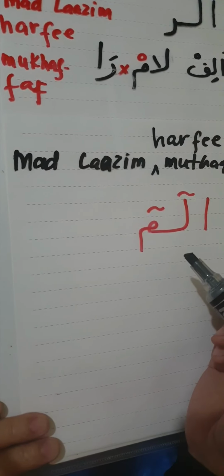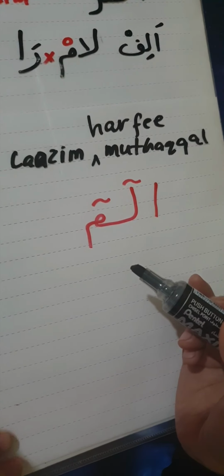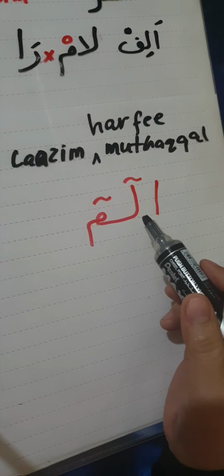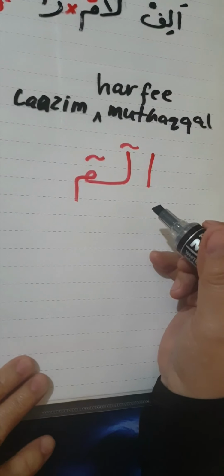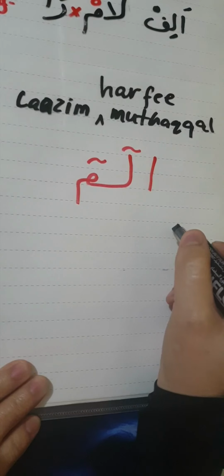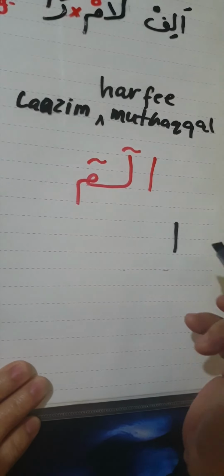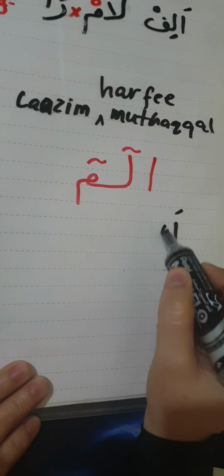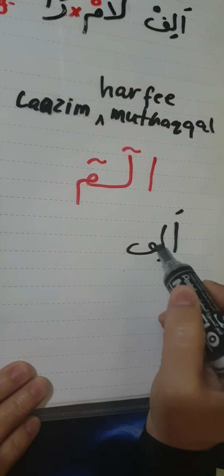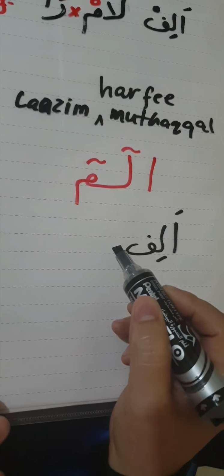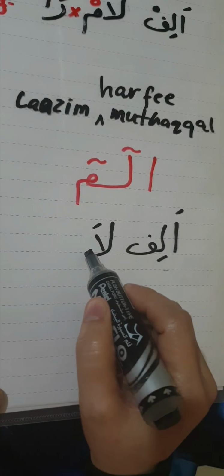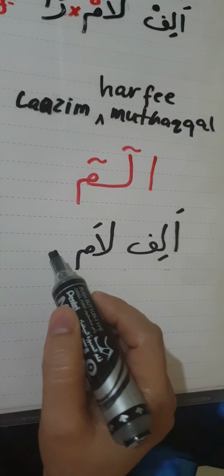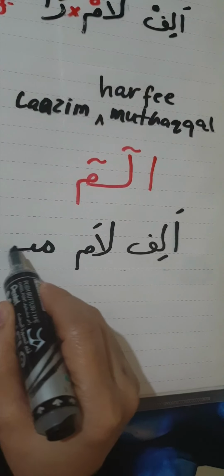If you're going to spell this lam and the mim, it will be like this: alif, and then lam, and then mim.